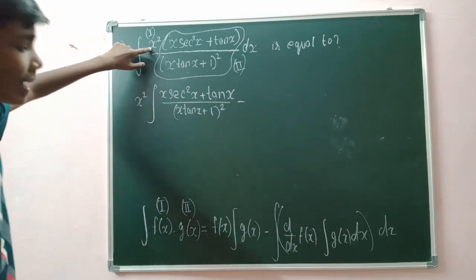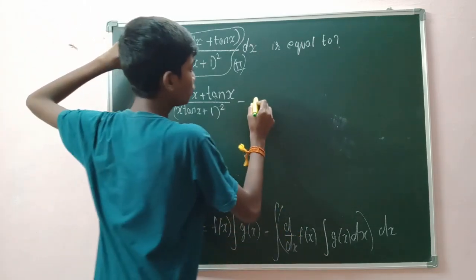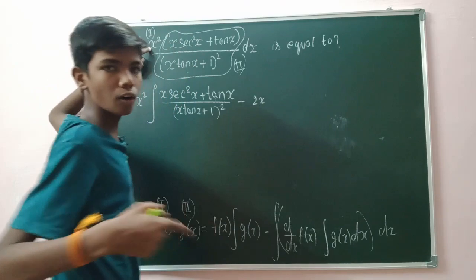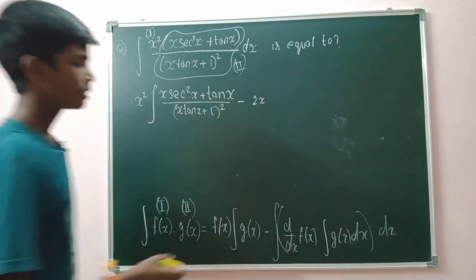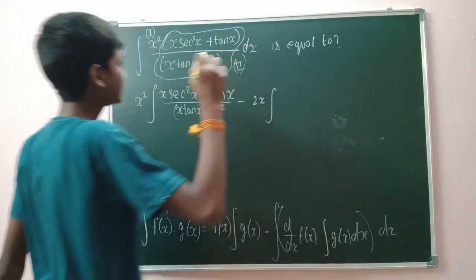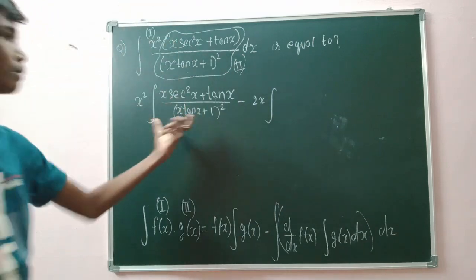What is the derivative of x squared? 2x, because of the exponent, it will be 2x.